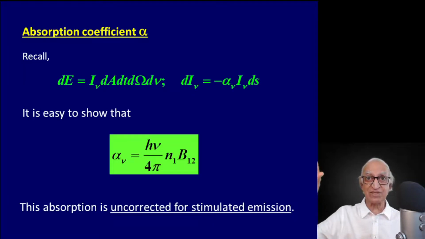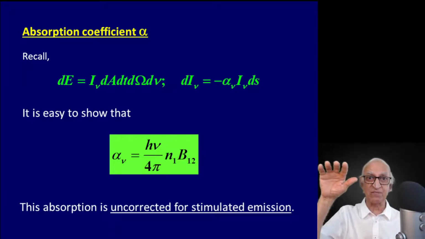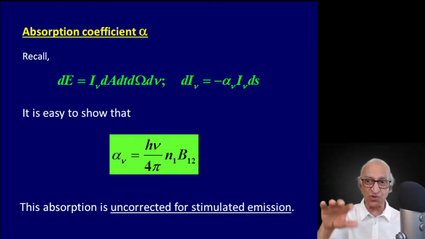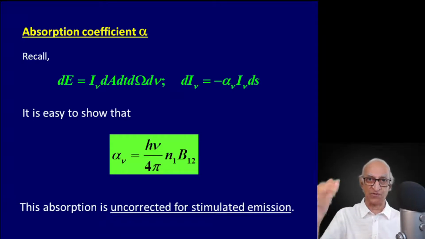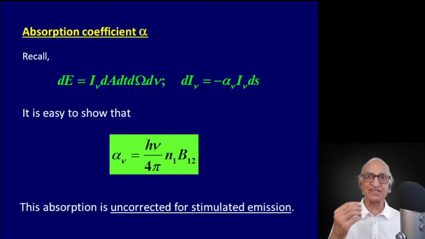But in the meantime, the 3 which were already sitting in the upper level could also jump, stimulated by the external electromagnetic field. So if all 3 jump down, the net absorption is not 17, but only 14. Therefore, the real absorption coefficient has to be corrected for stimulated emission.